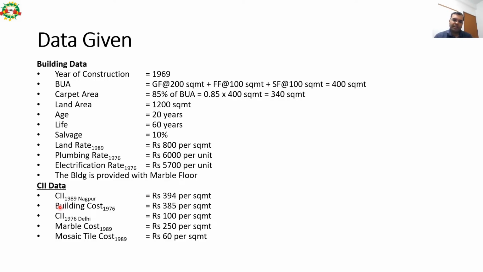So cost index in 1989 at Nagpur has been given as 394. Building cost in 1976 has been given as 385 rupees per square meter. Cost index in 1976 at Delhi has been given as 100. Marble cost for year 1989 has been given as 250 rupees per square meter, and mosaic tile cost in year 1989 has been given as rupees 60 per square meter.